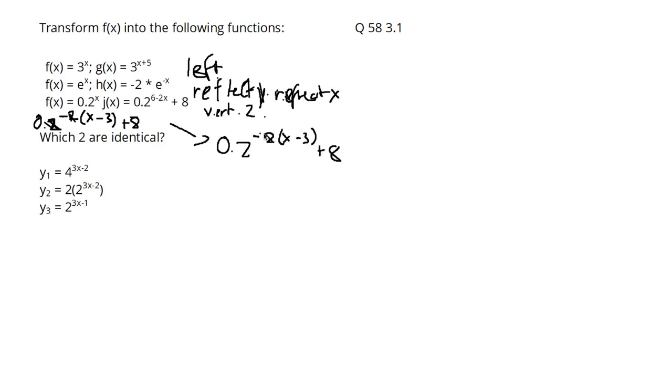I'm really sorry for the ugly writing. But if you see this function, you will see that it is plus 3, so 3 right, and then there's 2 on here, so it's 2 times horizontal, no, not 2 times horizontal, I mean 1/2 times horizontal, 1/2 times horizontal shrink.